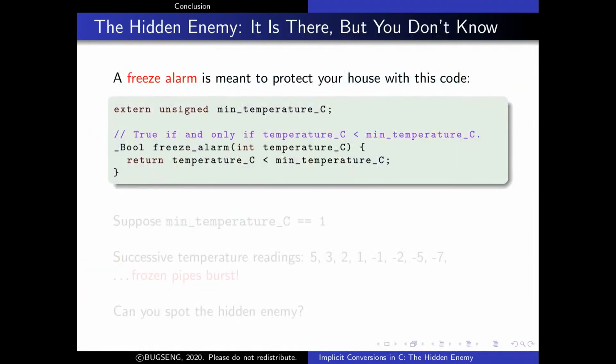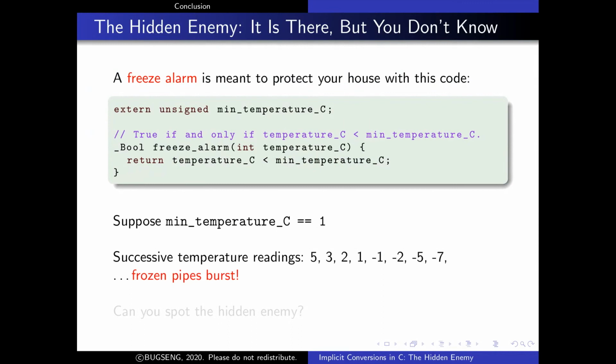Again, we have this freeze alarm code, and as I've said, if these are the successive temperature readings, then freeze alarm will never be true. So the alarm will be false, nothing will be done, and our pipes will freeze and burst, and this will be a lot of damage.